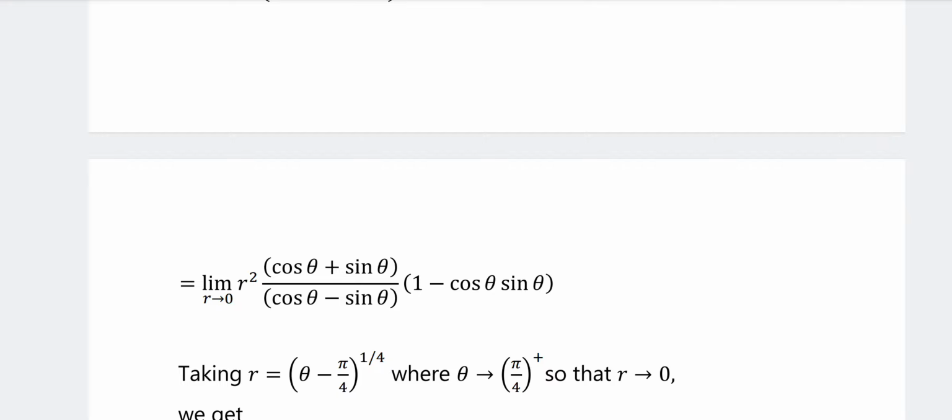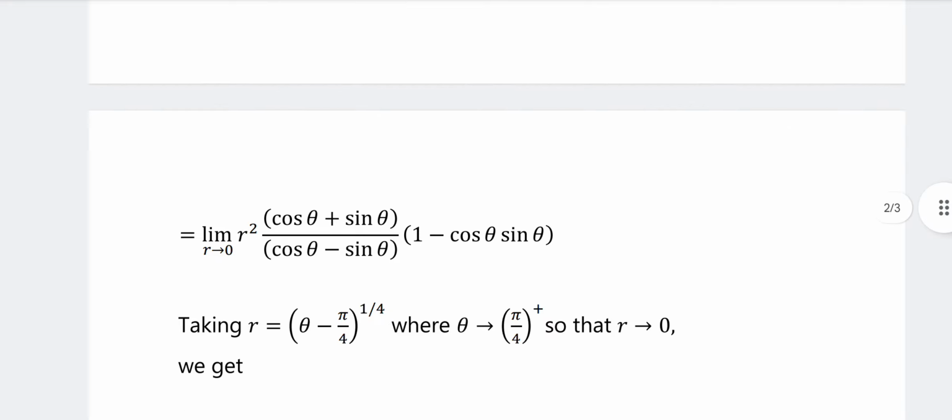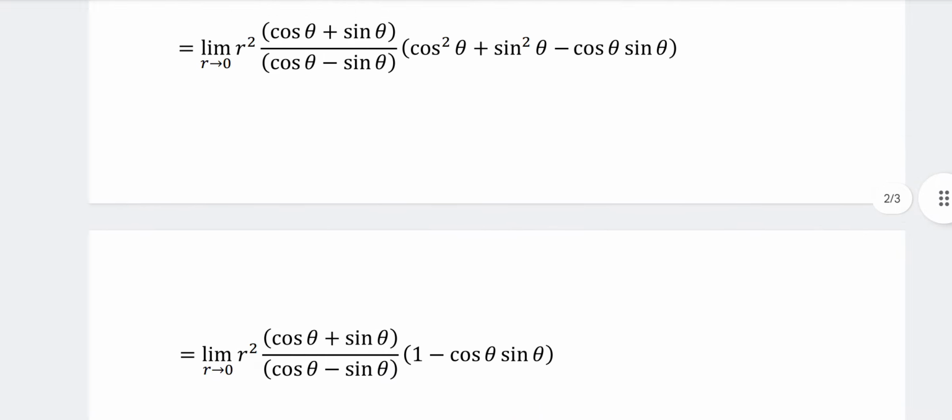Now we cannot solve this ahead, because we are not getting any way to solve it. So you can change your r in terms of theta, so that the whole expression will be in theta.